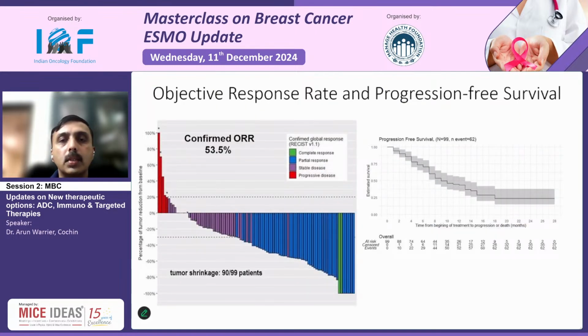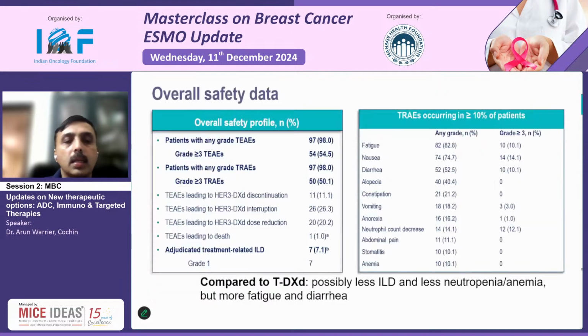The objective response rate with this drug is around 53.5%, with complete responses in a small number. The majority, as we see with these ADCs, are partial responses. There are some stable diseases and a few progressive diseases also. The PFS is like this, and we'll review it later.